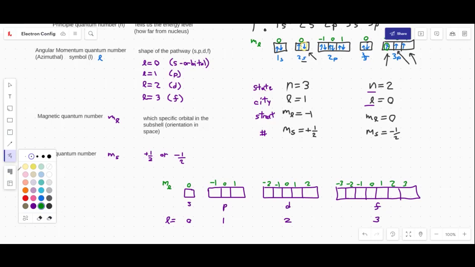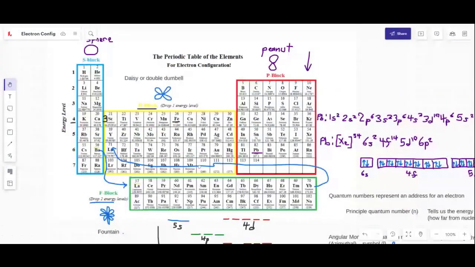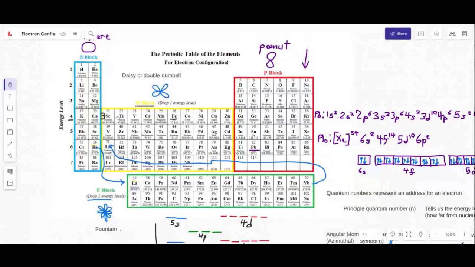orbitals there are. Plus, another way to figure out how many orbitals there are is to look back at the periodic table for electron configuration, and look at the number of electrons in a particular block. How many boxes are in a D block going across? 10.